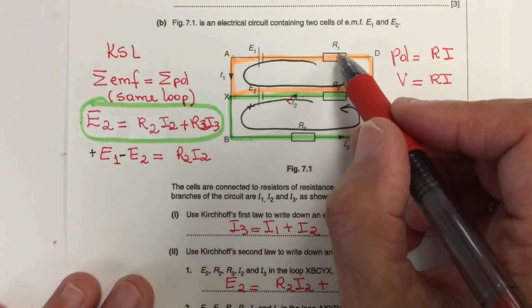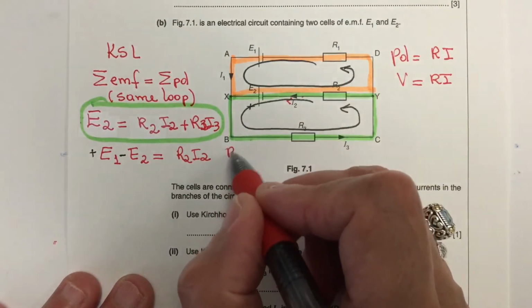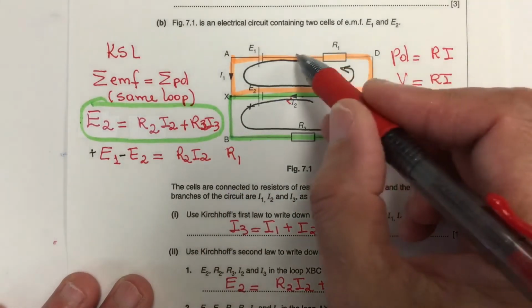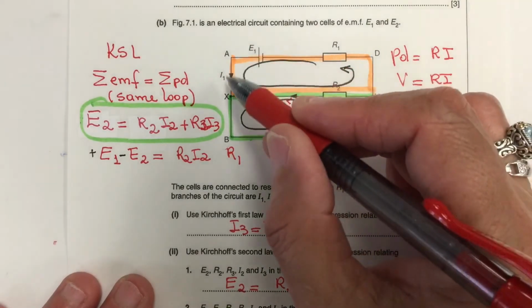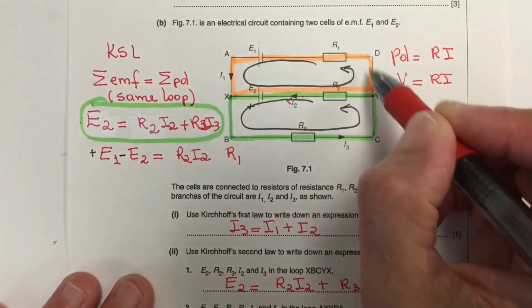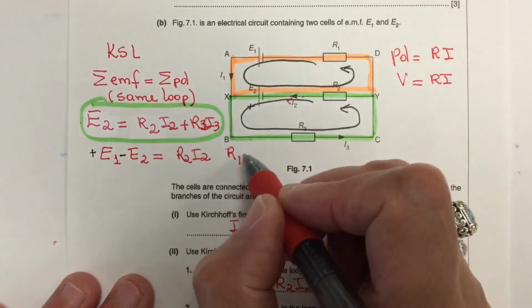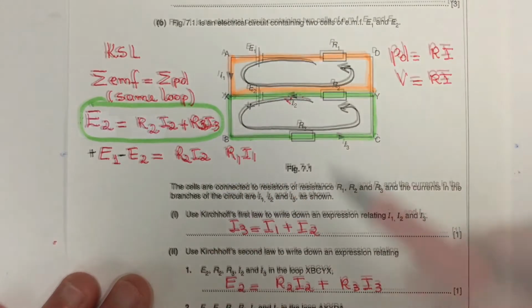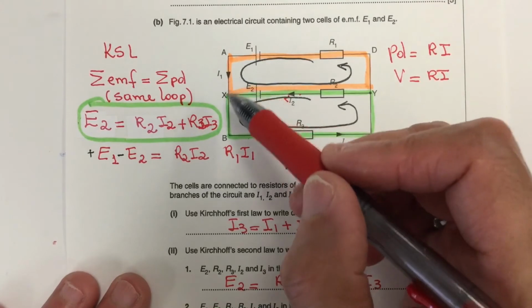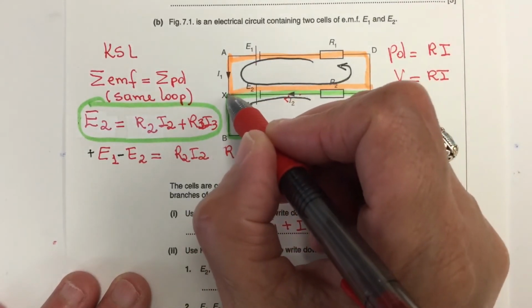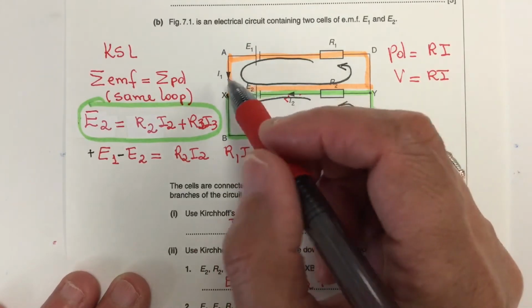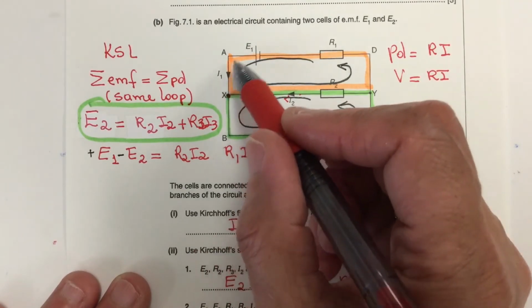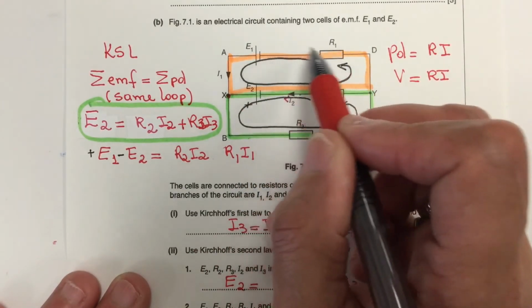And the next one is R1, and the current that's flowing through this is I1. Remember, when currents cross a junction like this, they split. So it's not the same value of current that is flowing here.